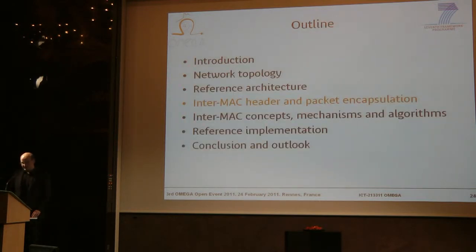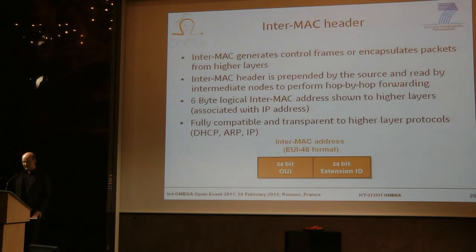Now I will introduce the packet encapsulation and the InterMAC header, which has been developed in W5. So the InterMAC generates control frames or encapsulates packets from higher layers. The InterMAC header is prepended by the source and read by intermediate nodes to perform the hop-by-hop forwarding.